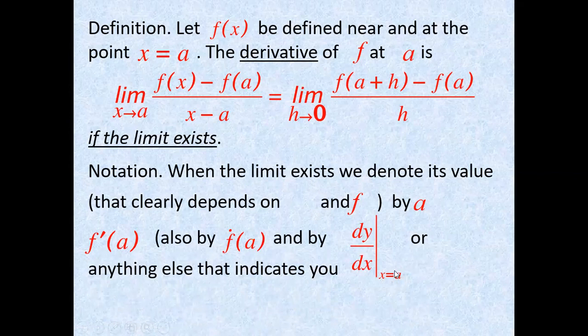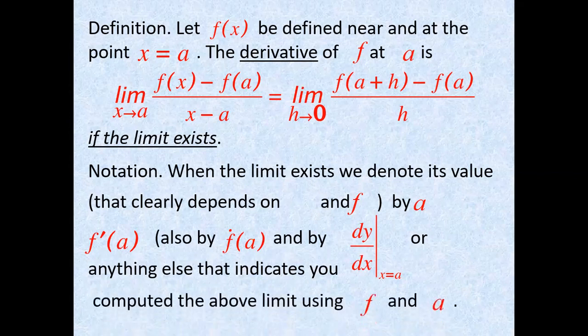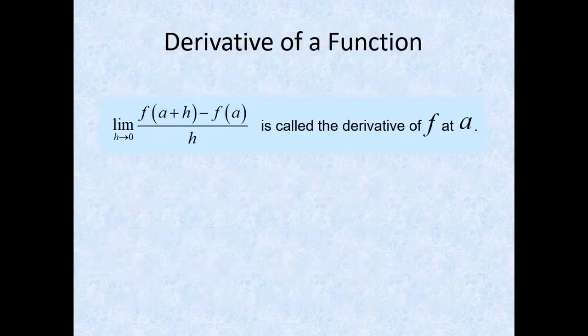This a is the point where the function is derivable, or anything else that indicates it better by way of notations. So compute the above limit using the function with the position or point a.